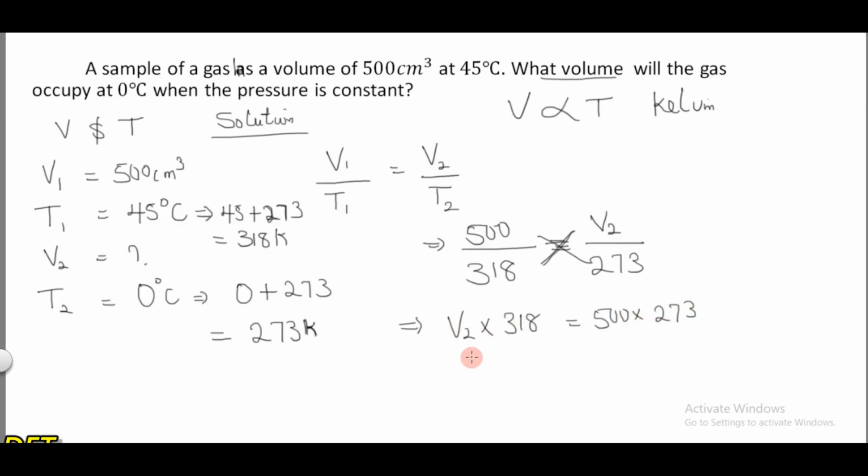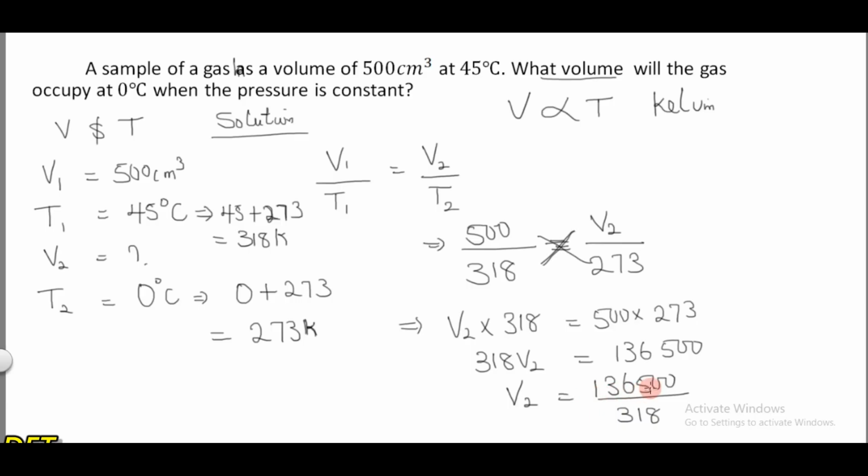This times this will give us 318 V2. 500 times 273 would give us 136,500. To make this V2 stand alone, I will divide both sides of the equation by the coefficient of this V2, which is 318. So my V2 will be equal to 136,500 divided by 318.